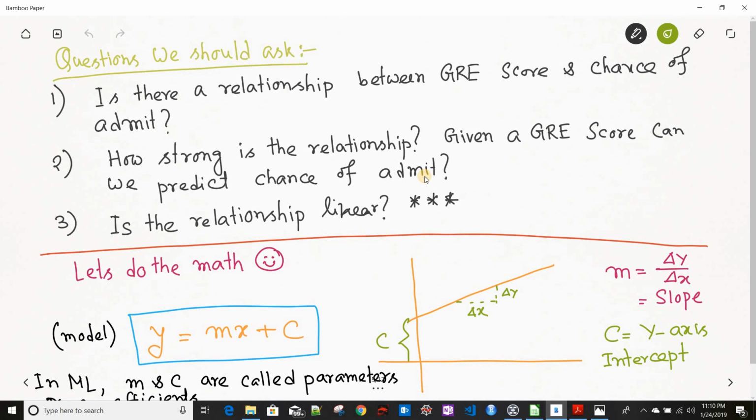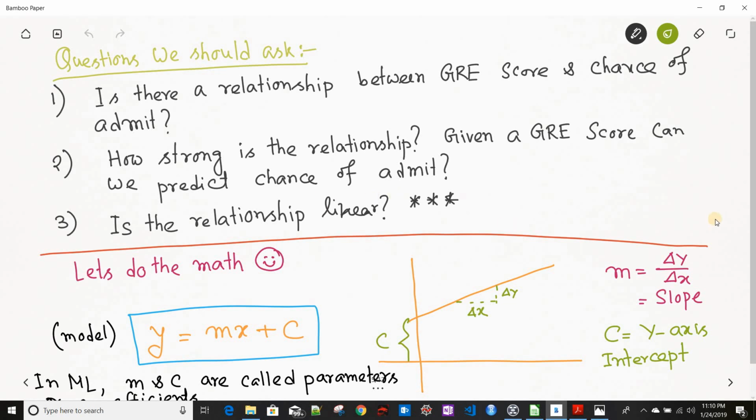If there is, how strong is it? And the most important question is whether that relationship is linear or not. If a linear relationship exists between them, only then will linear regression be the proper choice for implementing the machine learning.